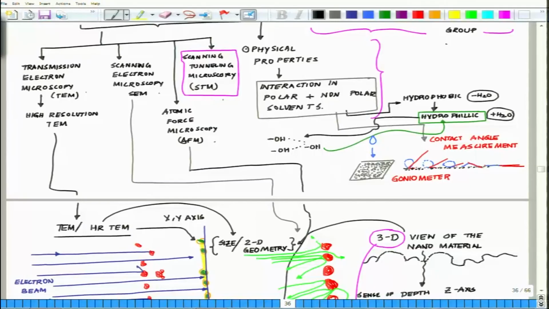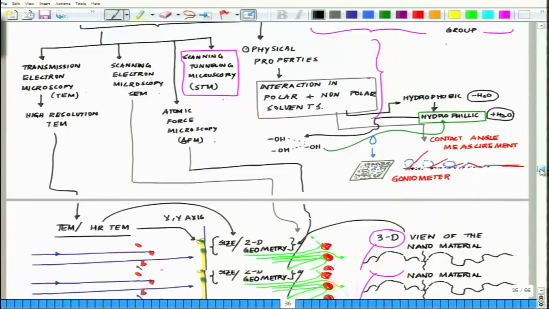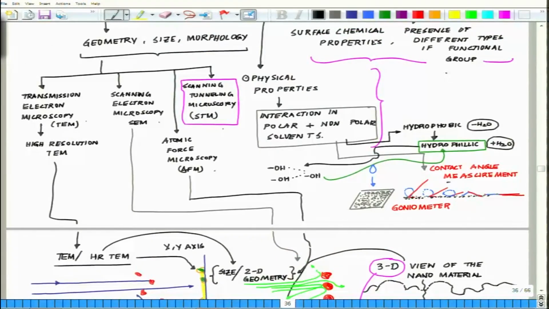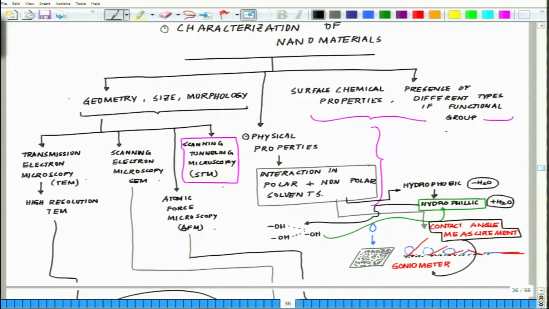You can figure out the hydrophilicity and hydrophobicity of the surface using contact angle measurements and an instrument called a goniometer. Apart from it, in order to figure out the geometry, size and morphology, you have transmission electron microscopy, scanning electron microscopy, scanning tunneling microscopy, and atomic force microscopy.